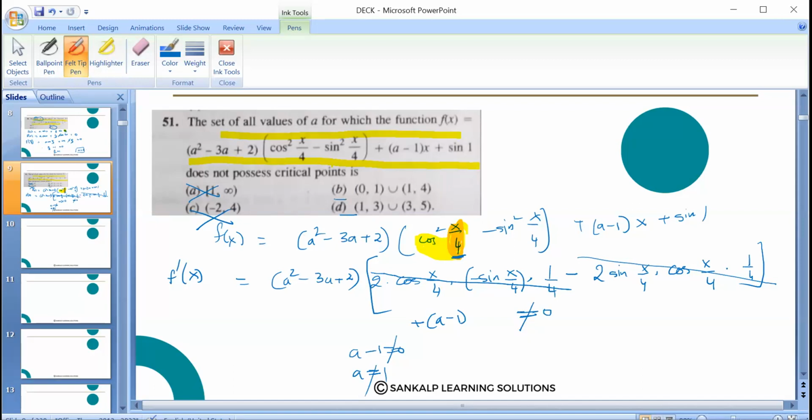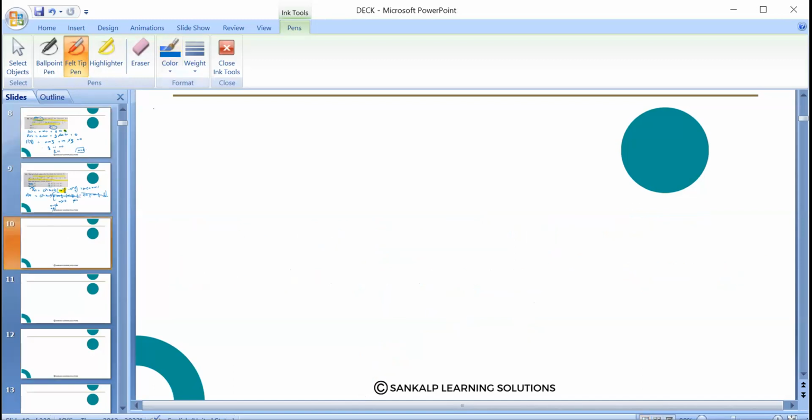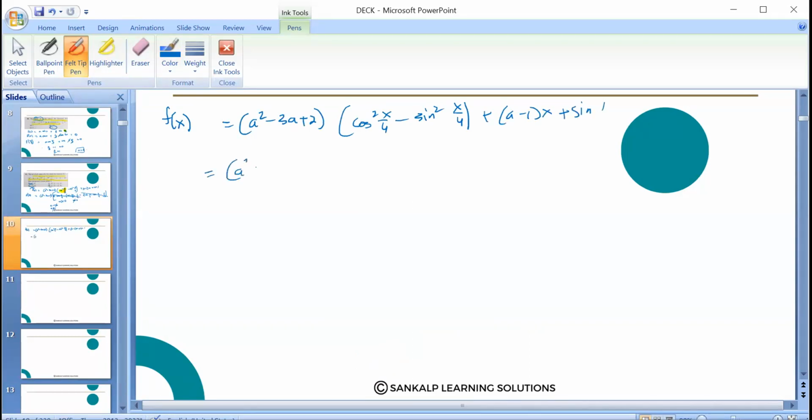So for that, you have to go back to the function again. f of x is a square minus 3a plus 2 cos square x by 4 minus sine square x by 4 plus a minus 1 into x plus sine 1. This you can write as a square minus 3a plus 2 into, we have to use one formula here.